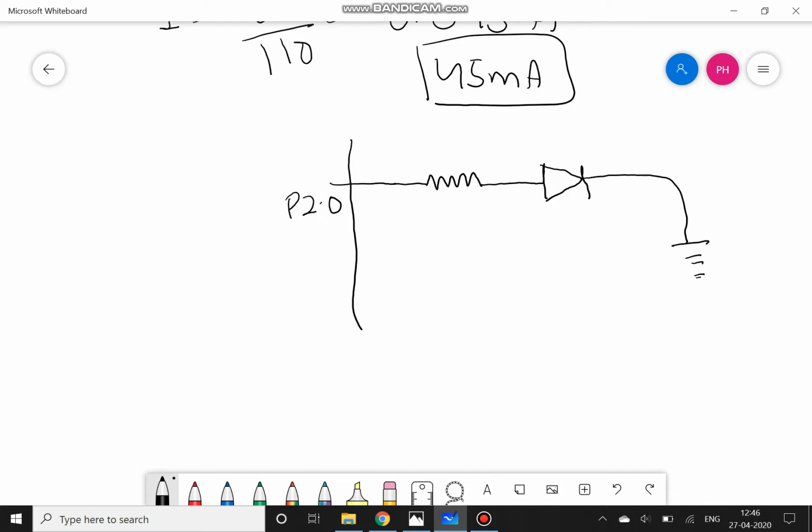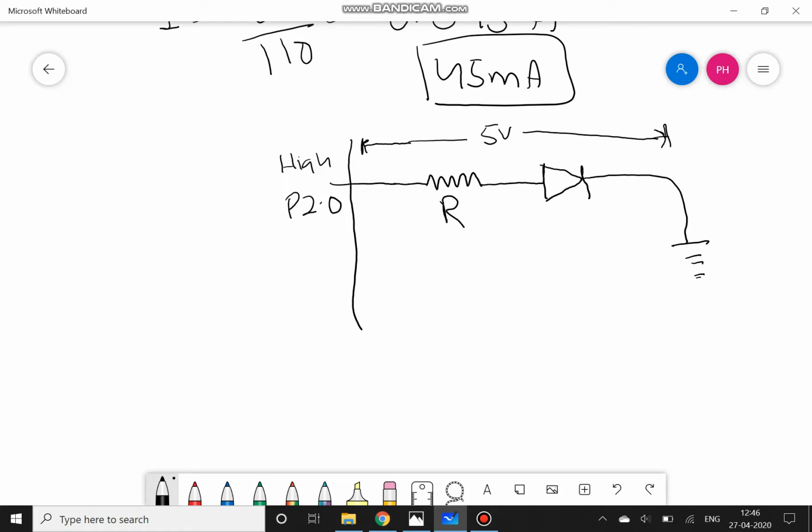So whenever there is a high here, 5 volts will come across the resistor and this LED, and depending upon the value of this resistor R and the resistance of this LED, some amount of voltage will come across this resistor and some amount of voltage will come across this LED.